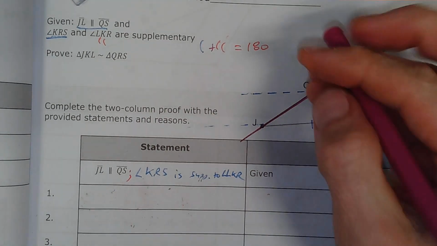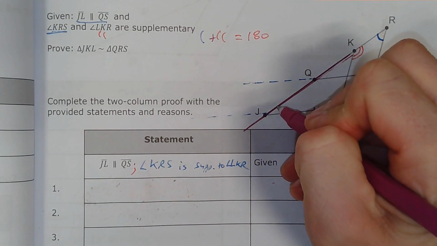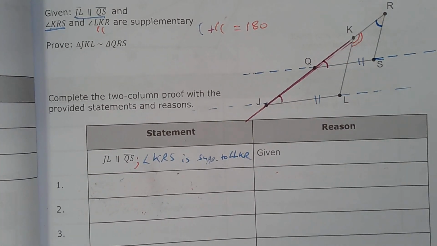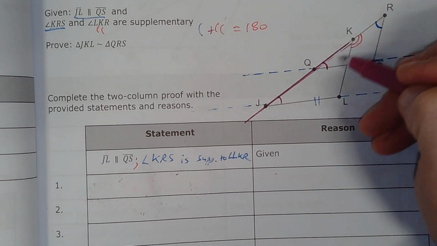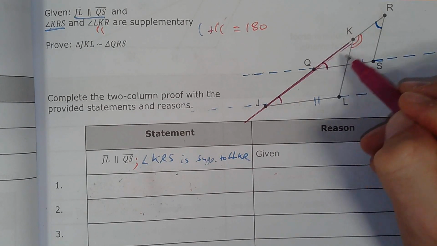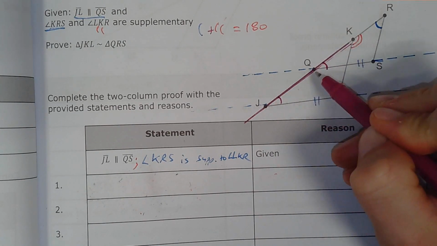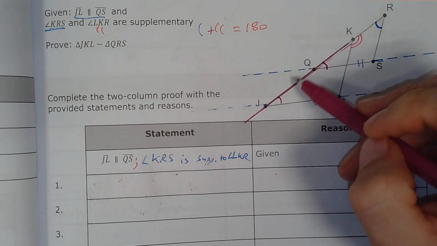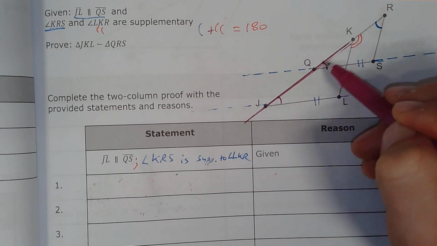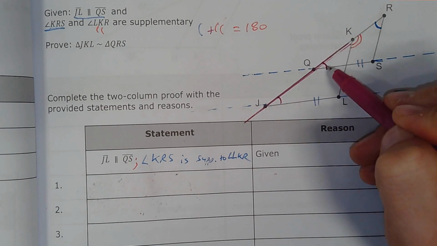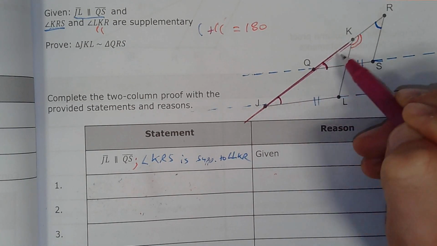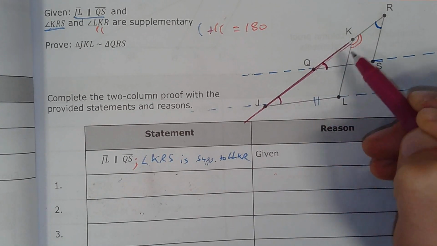So I would have this angle and this angle being shared by these two big triangles here. This big triangle and this triangle, the two that we're trying to prove, JKL and QRS. They would both have these two congruent angles because these two angles are corresponding angles.